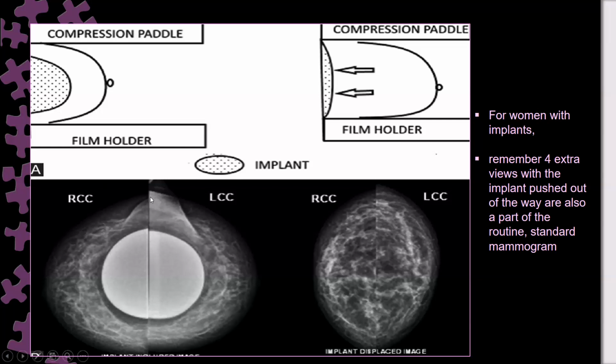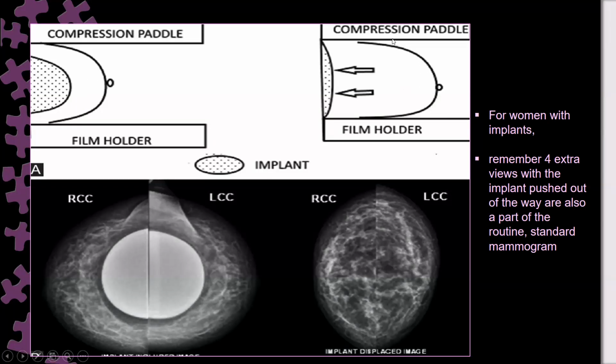Okay, we said this is what? This is the breast between the image receptor and the compression paddle. And this is the implant. It is in its place, just taking the CC view.